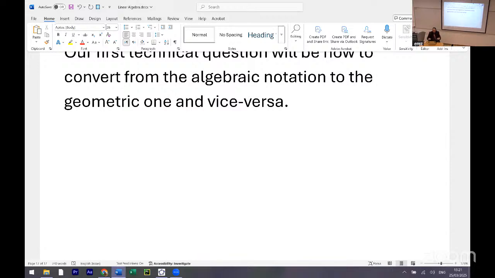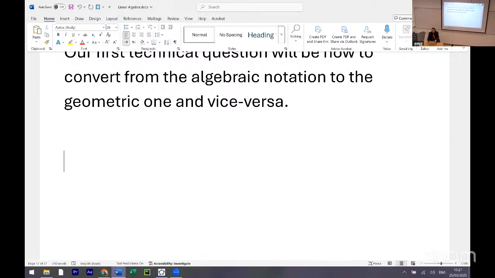I thought you have to do the sine of the angle times the length. Yes, that's from the geometric to the algebraic, and that's easier. From the algebraic to the geometric, you have to find the angle.